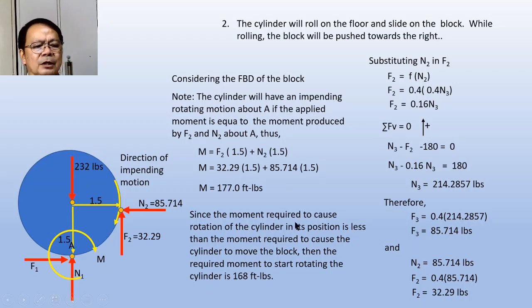Since the moment required to cause rotation of the cylinder in its position is less than the moment required to cause the cylinder to move the block, the required moment to start rotating the cylinder is 168 foot-pounds, and the tendency of the motion is that it will be rotating in its place.